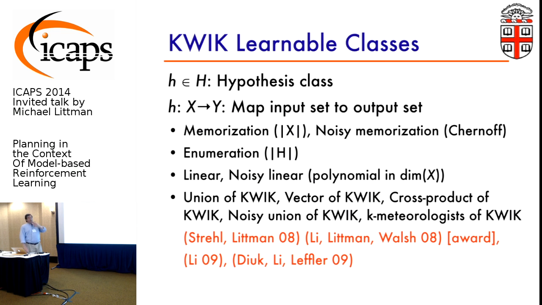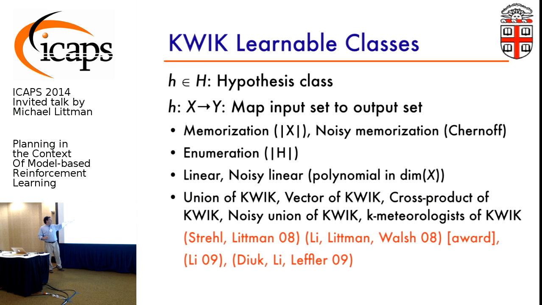We have a paper where we just throw out as many things as we could think of that are quick learnable. A lot of them build on that idea, but there are other cool combinations that you can do as well. Probably the neatest one is that you can quick learn a noisy linear function. So the algorithm ends up depending not on the size of the input space, which is continuous and infinitely large, but instead on the dimensionality of the space.